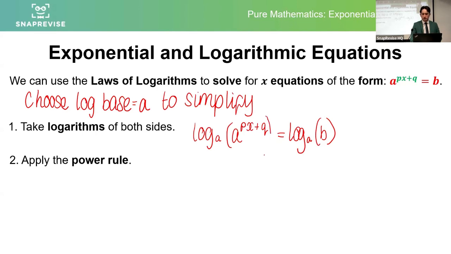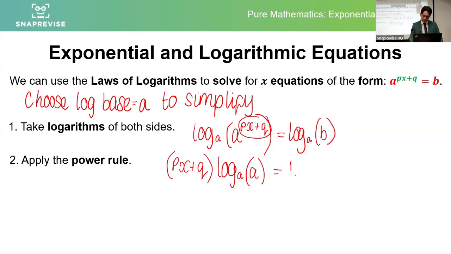Some people do sort of almost skip this step, but I think it's really important. Then we're going to apply the power rule. So this can come down the front. And we'd get px plus q, lots of log base a of a. And now log base a of a is actually 1.